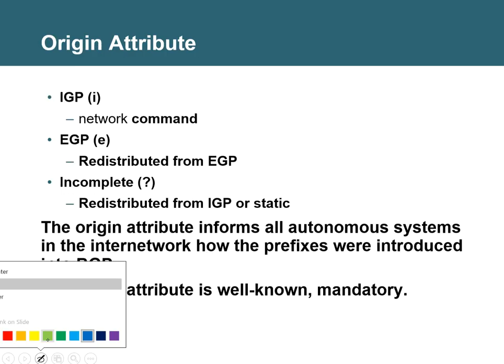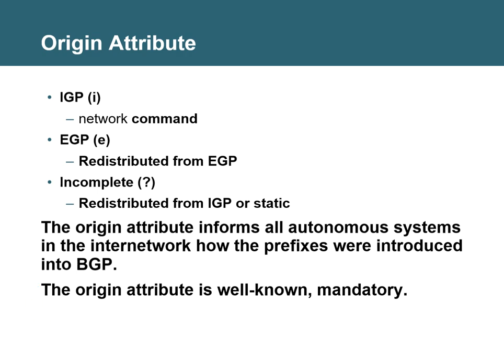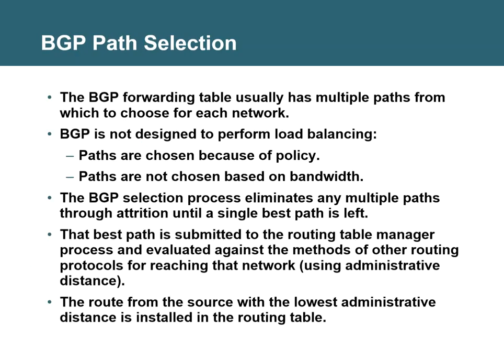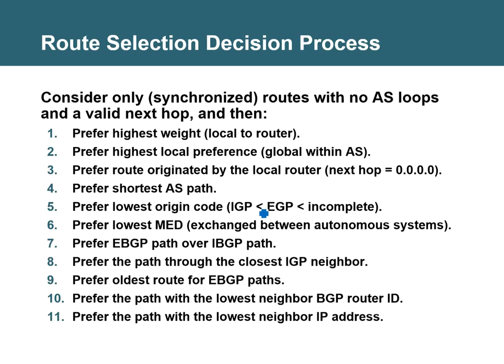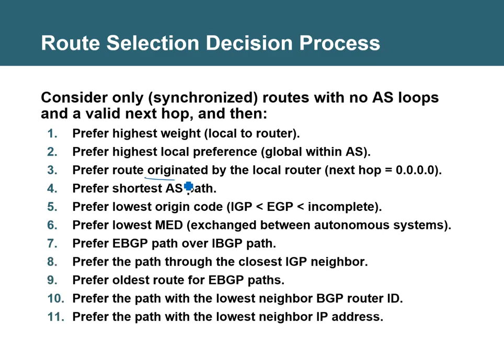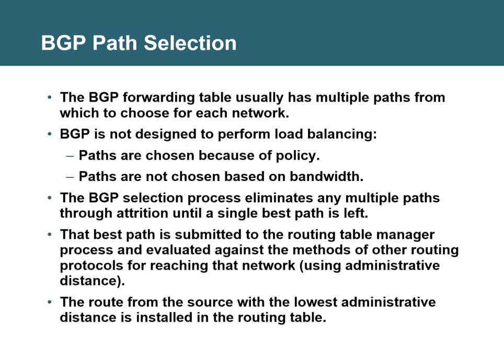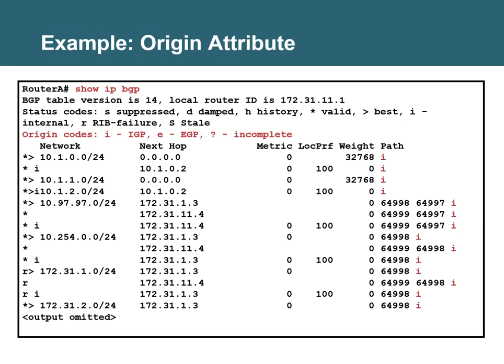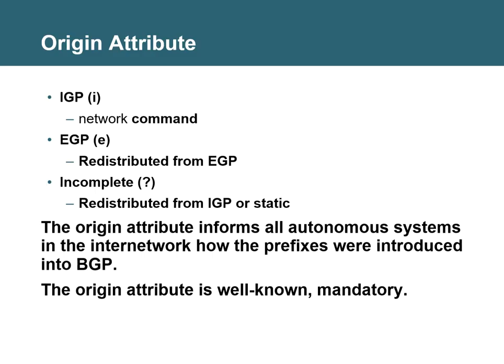Now the origin attribute. You see, there is attribute number 3 called originator. This is different from that. We are now learning attribute 5, not 3. I'll come to that one later. Now let us go to attribute 5, called the origin attribute.